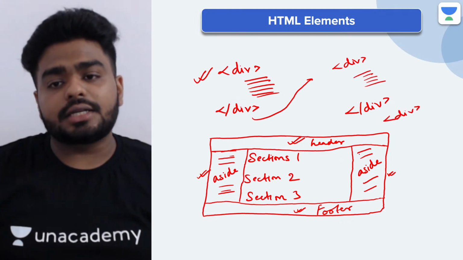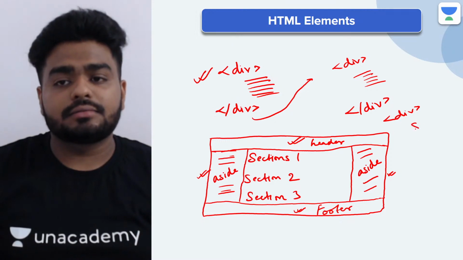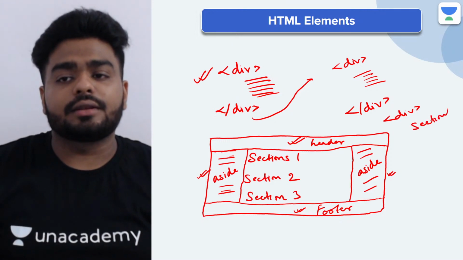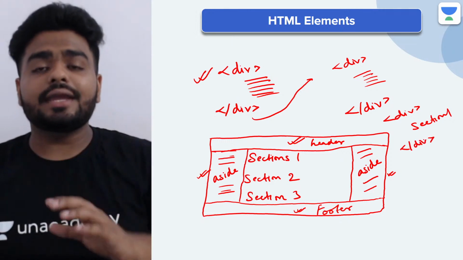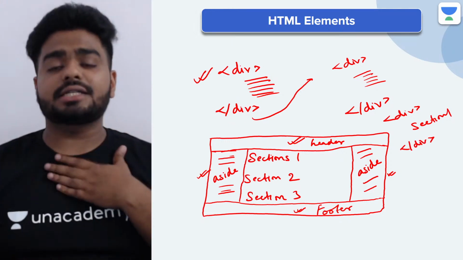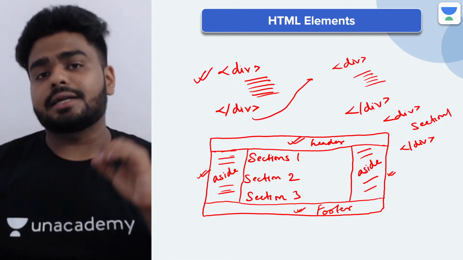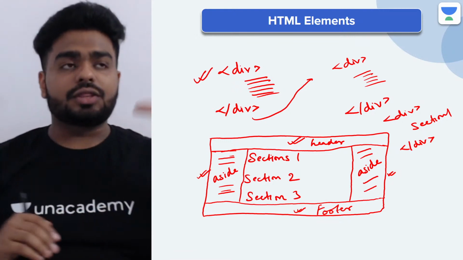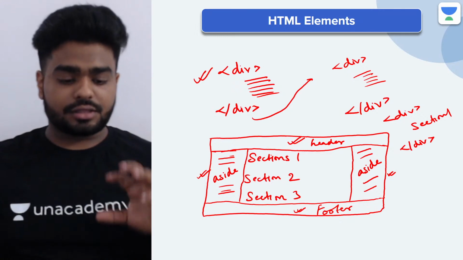Again, I will write the content of section 1. So this div is not doing anything. This div is just to make me understand that I have divided my content into several portions. This is the header, this is the aside, this is the section.